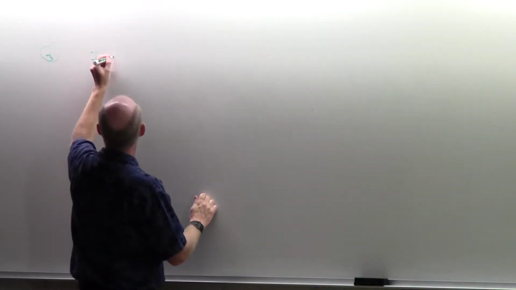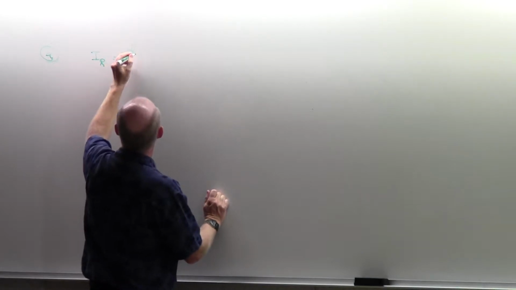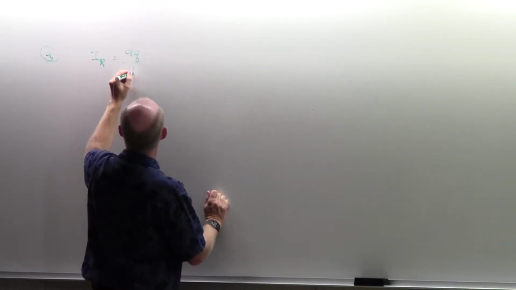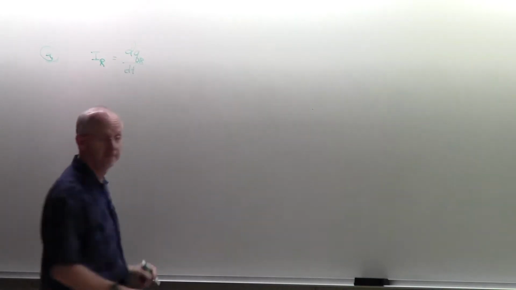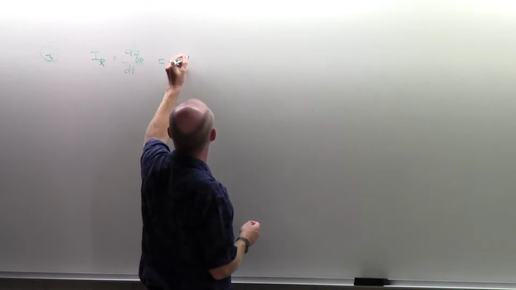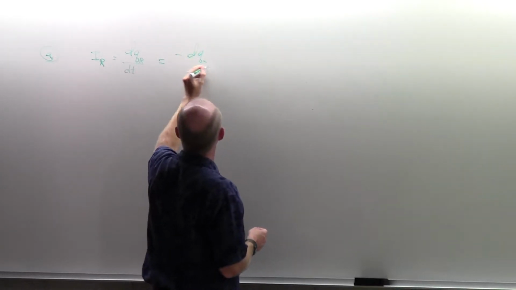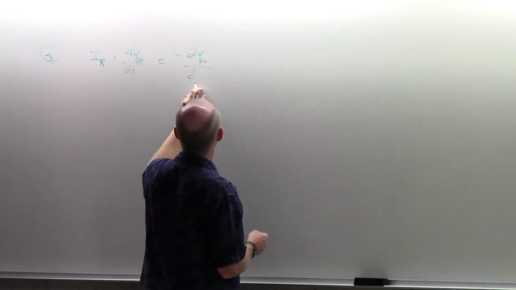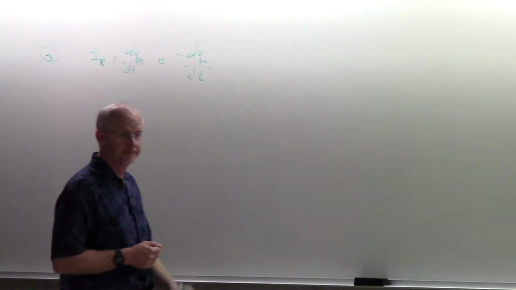Yeah, current in the resistor is dq dt, right? It is how the charge is changing, which we said when we solved this problem is the negative of how the charge on the capacitor is changing.